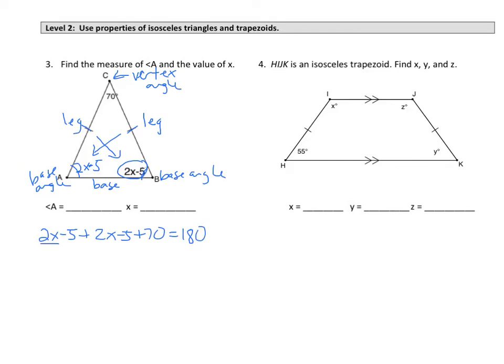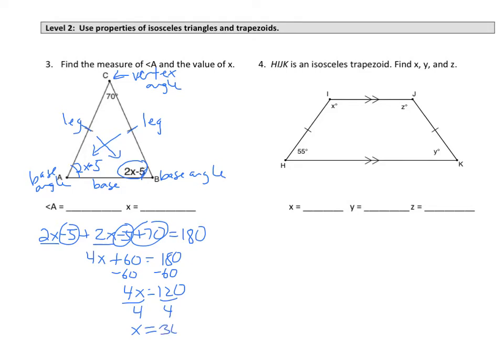To solve this equation, I combine like terms. I get 4x, and then minus 5 plus 70 gives me plus 60 equals 180. Subtract 60 from both sides. We get 4x equals 120. Divide by 4, and x equals 30. So x is 30.